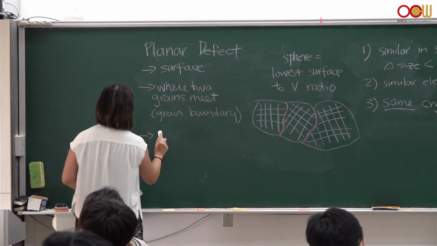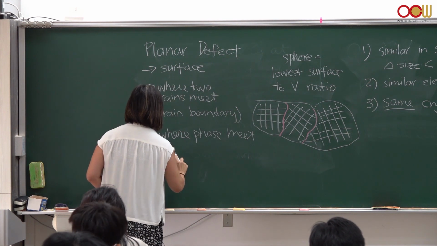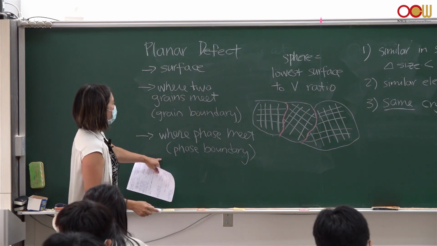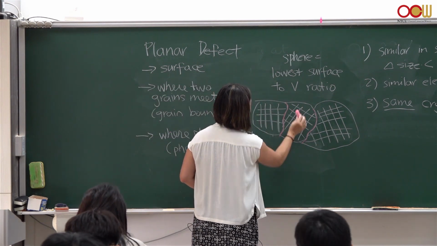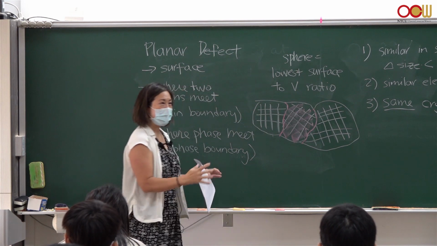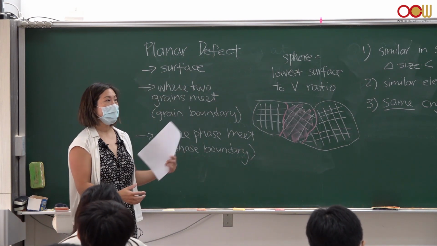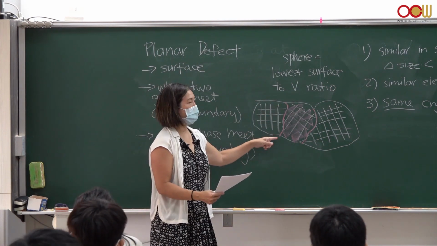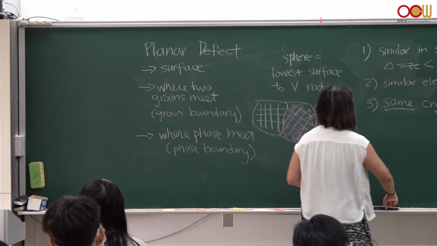Another place is where phases meet, and that's called a phase boundary. If one of these grains is actually a different phase, made out of a different crystal structure, then that would be a phase boundary instead of a grain boundary.